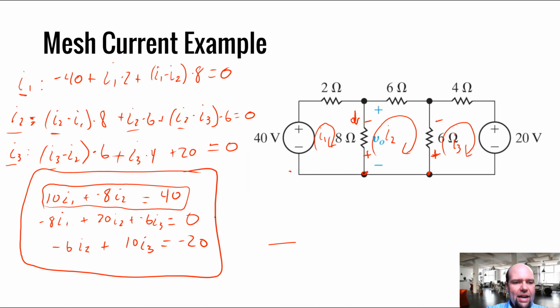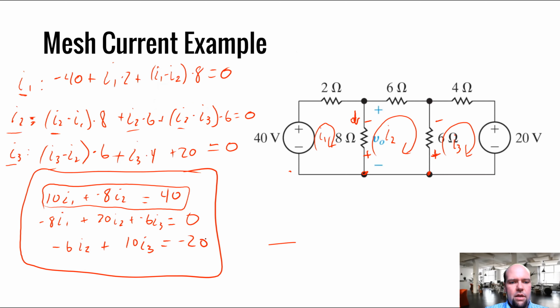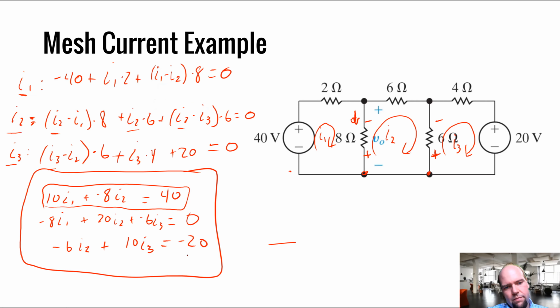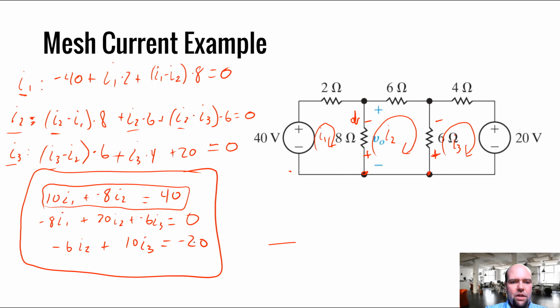Equation 2, I had negative 8 I1, 20 I2, and negative 6 I3. And the last equation, I had 0 I1, negative 6 I2, and 10 I3. Okay, looks about right. And then equals. What do these equal? 40, a 0, and a 20.